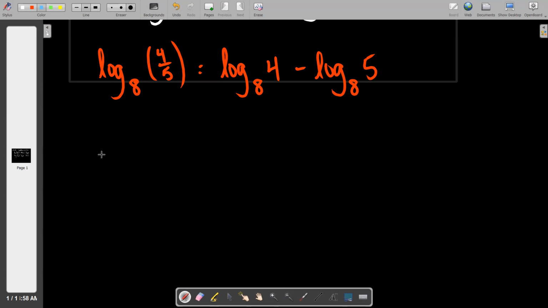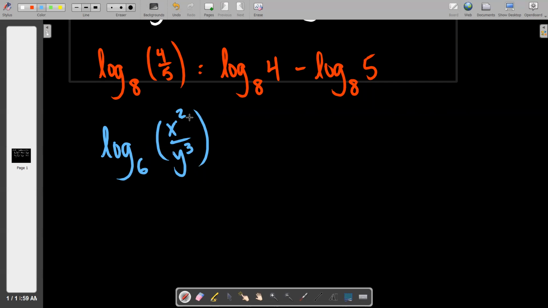I'll just try to keep switching colors, make it a little less boring. Let's do log base 6 of x squared over y to the third. For the record, this is going to be a multi-step expansion. The first and most obvious expansion is going to be the uncondensed quotient, right?